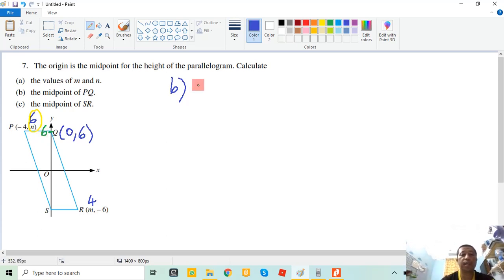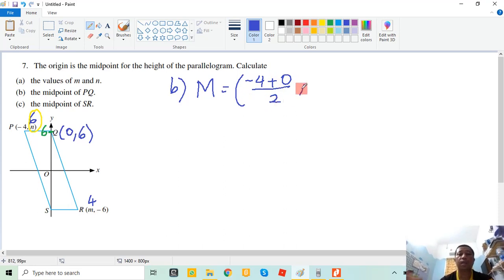So the answer M: x1 plus x2. So x1 for point P is -4 plus x2 for point Q. This one is 0. So we write as 0 divide 2, and then y, this one for point P, which is 6, plus for Q also 6, and then divide 2.